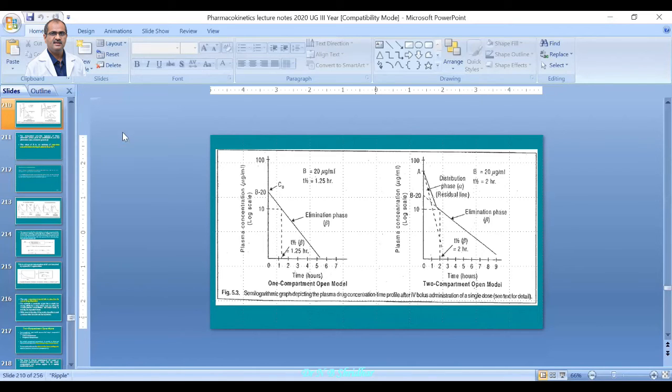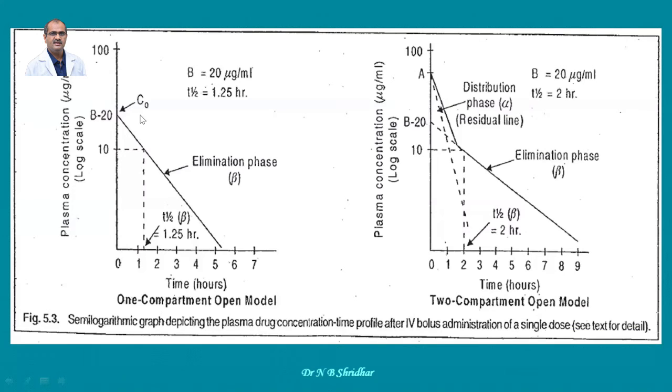Here you can see the concentration immediately after injection, whereas the T half is 1.25 hours. See here the dose is 20 microgram per ml, and this is the time and plasma concentration.